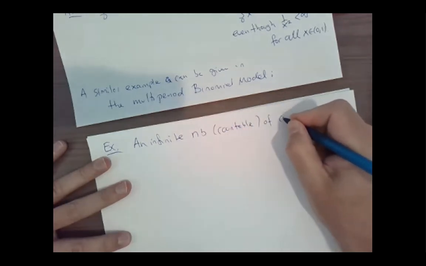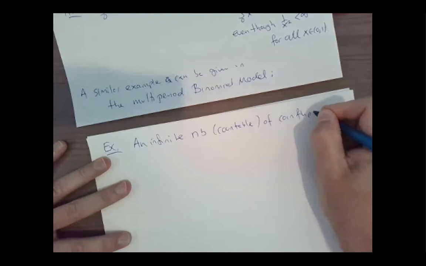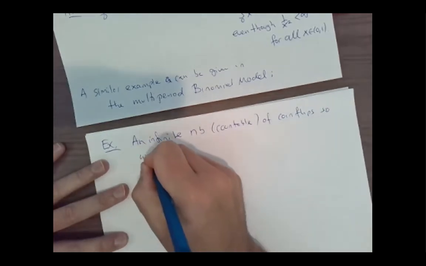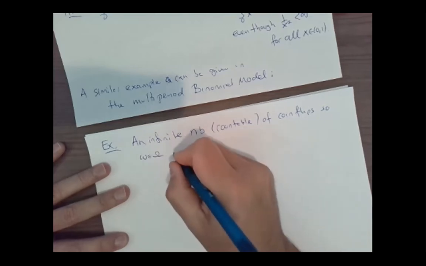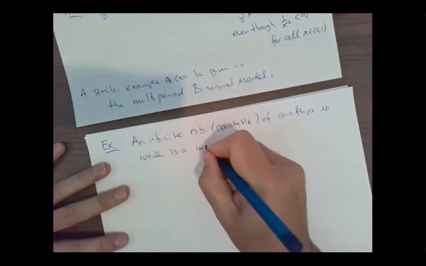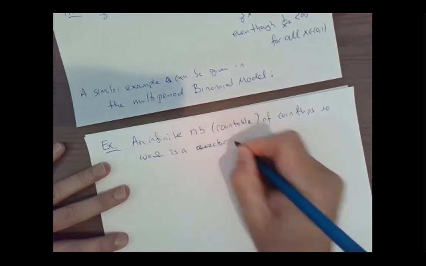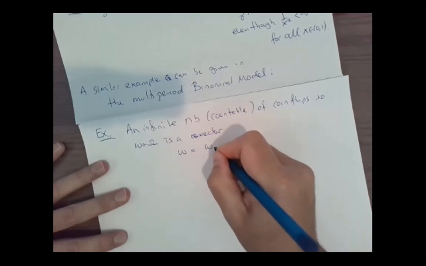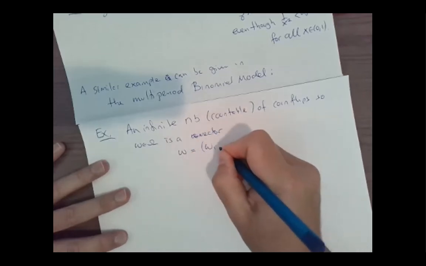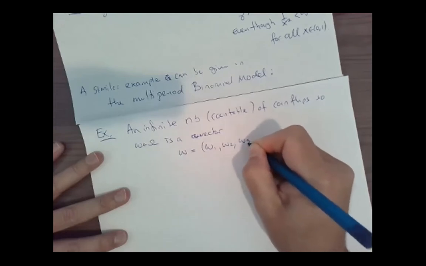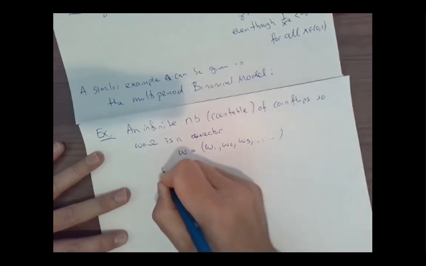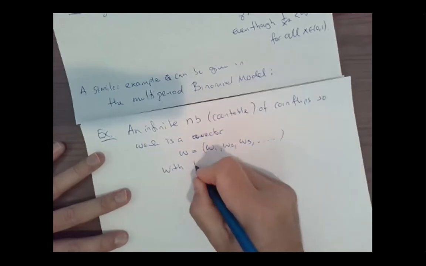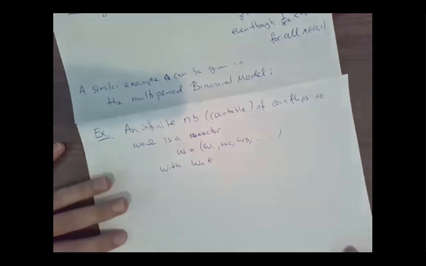So omega in Omega is a vector: omega equals omega 1, omega 2, omega 3, and so on, with each omega n either being heads or tails.